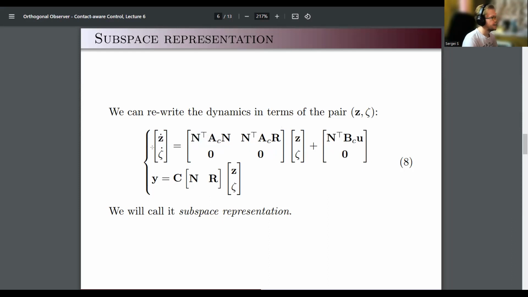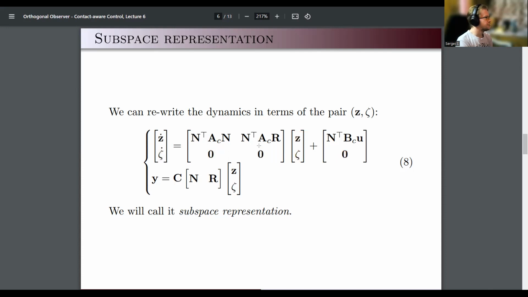Now, though, I add an additional row which says that zeta dot is equal to 0 times z, 0 times zeta, plus 0. So just 0. I just duplicated the 0 until I filled up the whole row. Why did I do this?